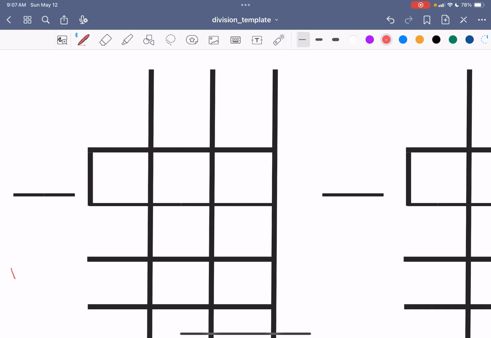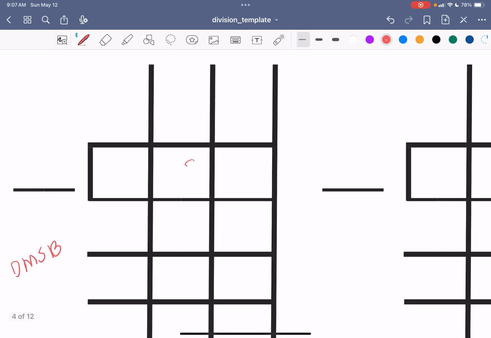I'm going to write my divide, multiply, subtract, bring down. Let's do 84 divided by 8. So we have to divide every number. So 8 divided by 8 is 1.